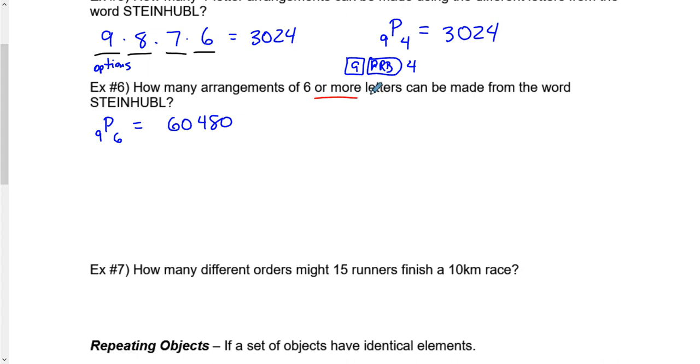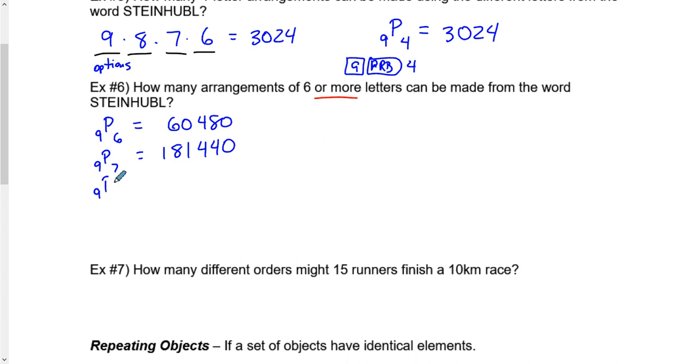This 'or more' part is just saying we can use 7, which is 181,440. So if you choose 7 random letters here, there's 181,440 different ways that you could put them in orders, where the order actually matters.